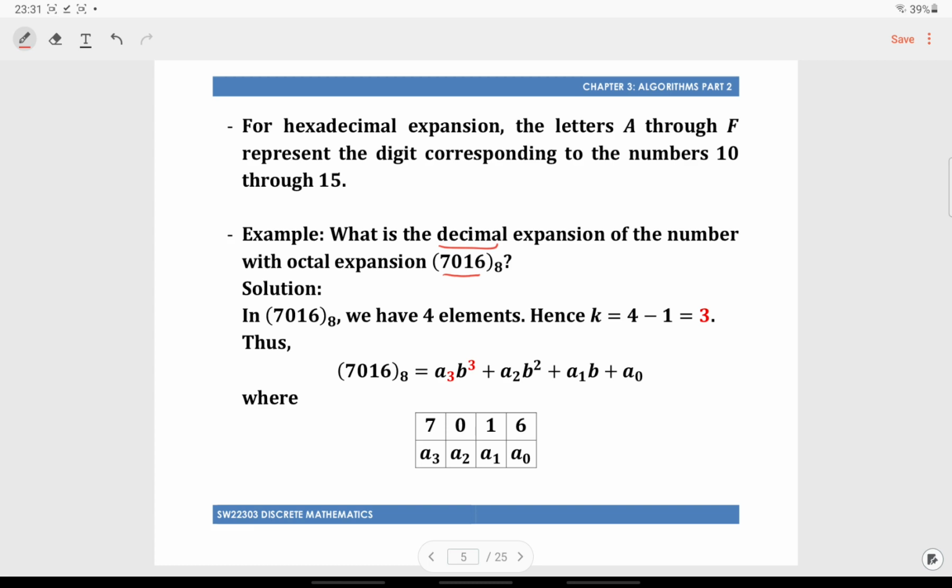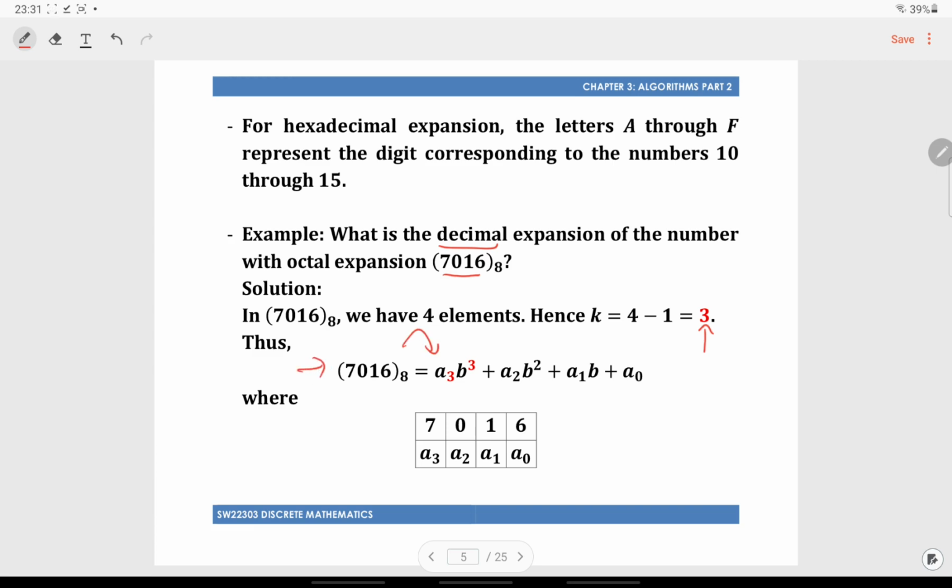In the given octal expansion, we have 4 elements: 7, 0, 1 and 6. So how do we know the value of k? k equals the total number of elements, 4, minus 1, so k equals 3. We write the given expansion in the following equation form.